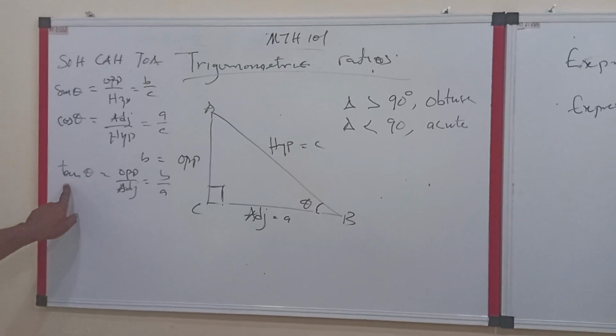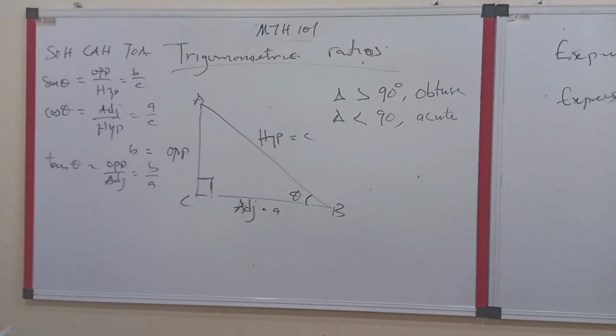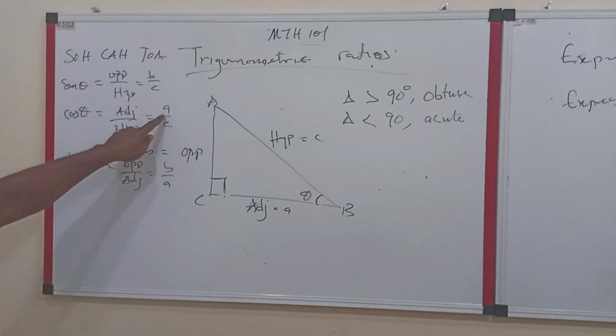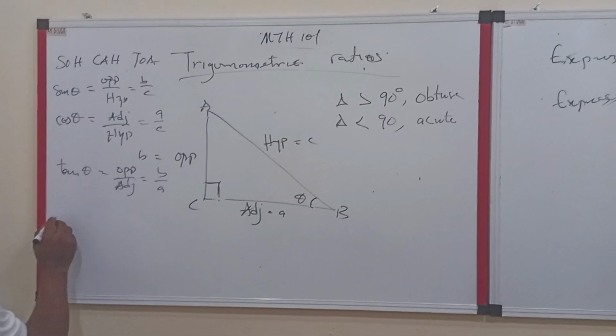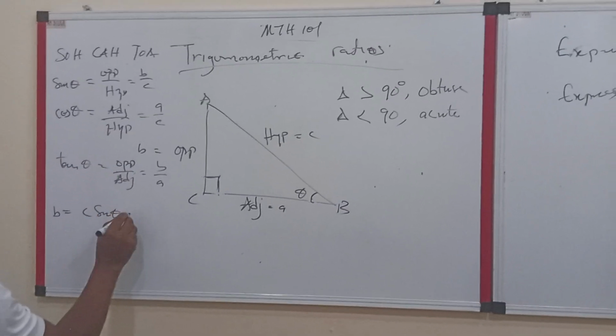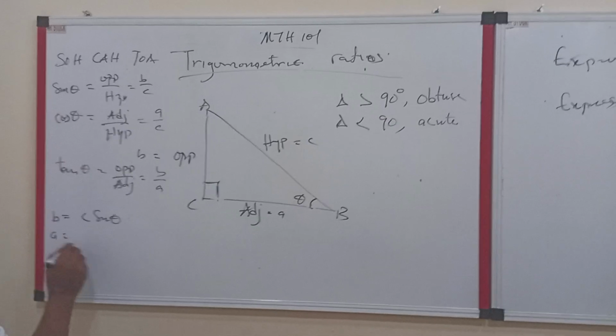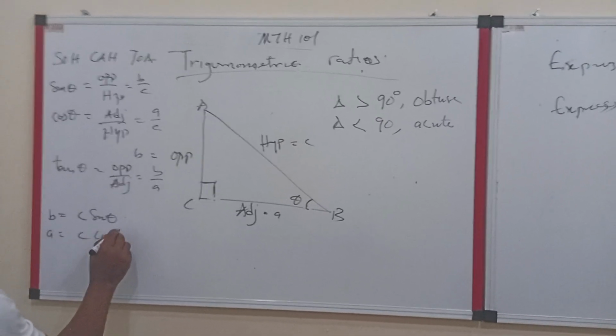Now, this tan here, we can also rewrite in terms of sine and cos. How do I mean? If you make B the subject, you are going to have B equal to C sine theta. And if you make A the subject, you have C cos theta.